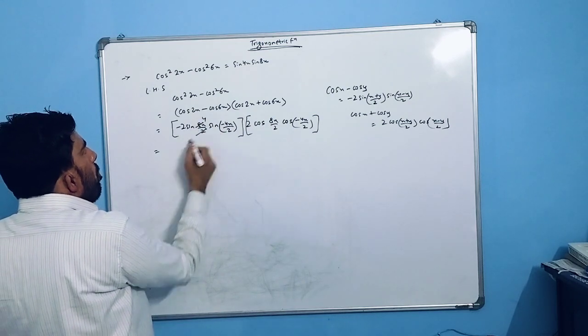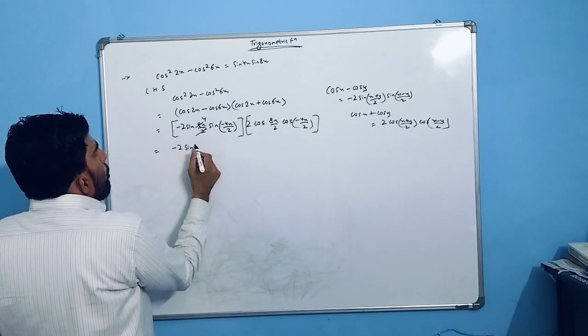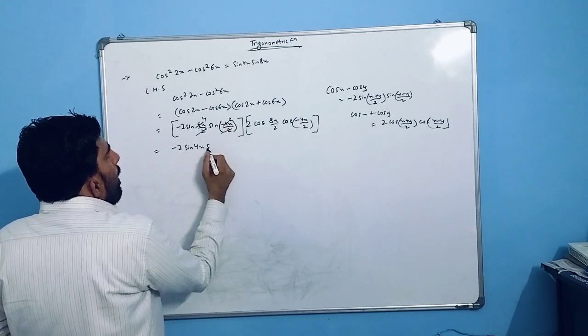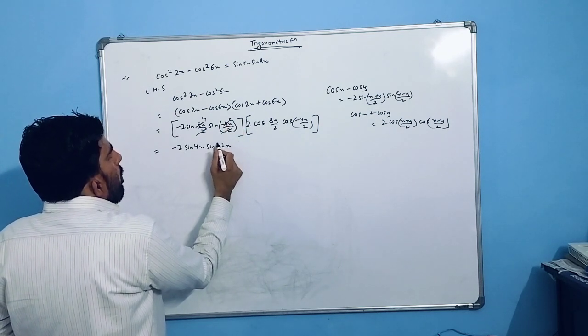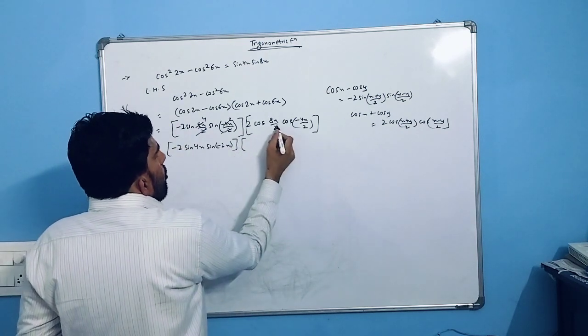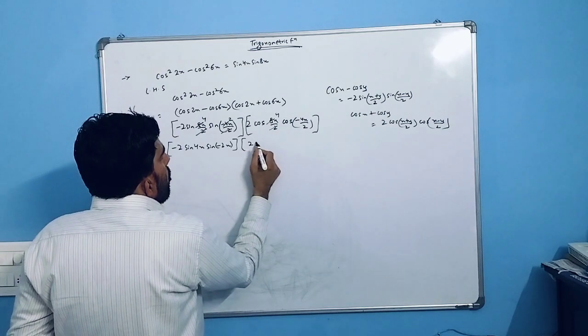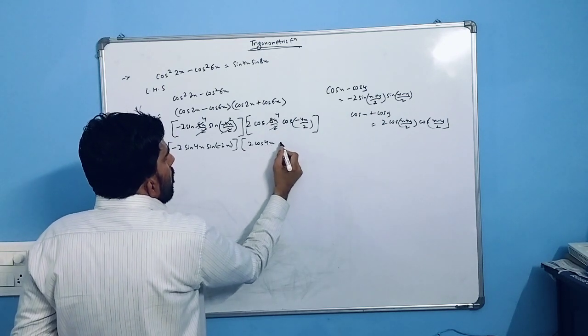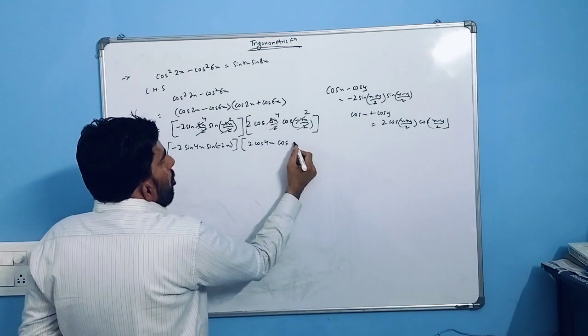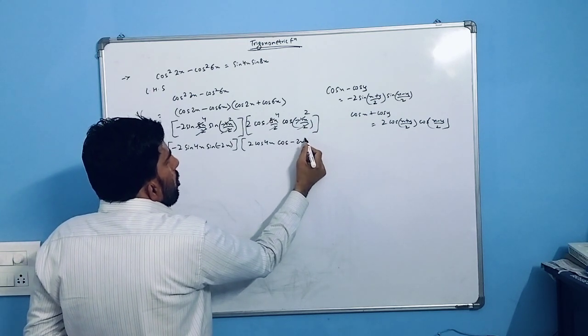Now I got minus 2 sine 4x, sine minus 2x, and here I got 2 cos 4x. I reduced this, so I got cos minus 2x. Okay.